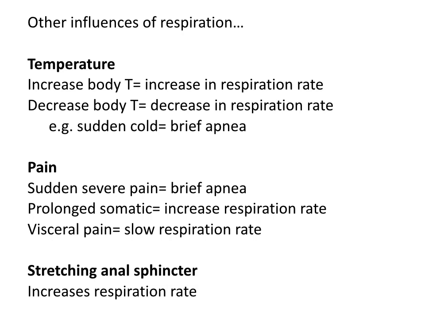Now, what a lot of people don't know is that manually stretching that sphincter, so having something passing through the anus, physically stretching the opening, having stretch on those rings of muscle, actually increases respiration rates.